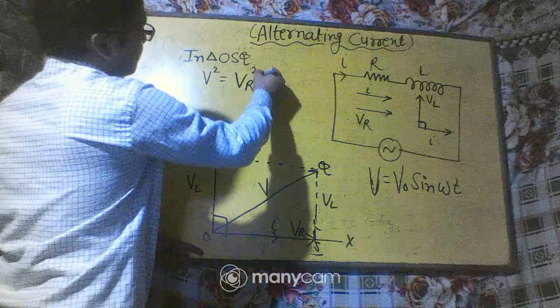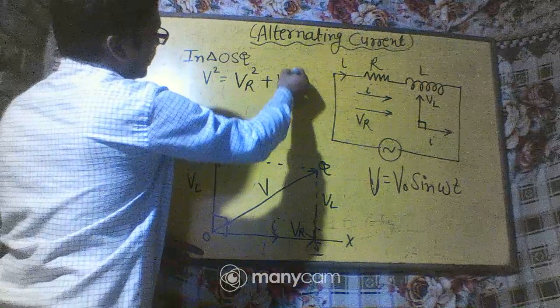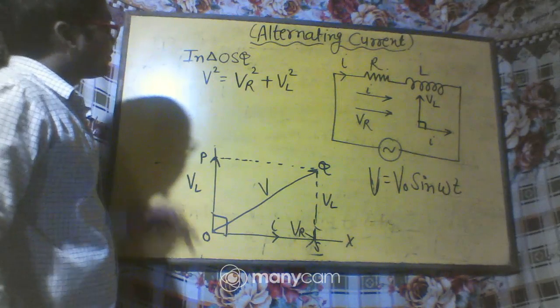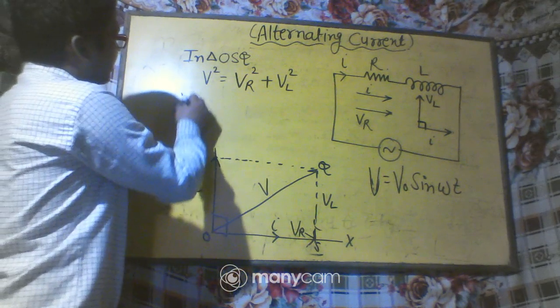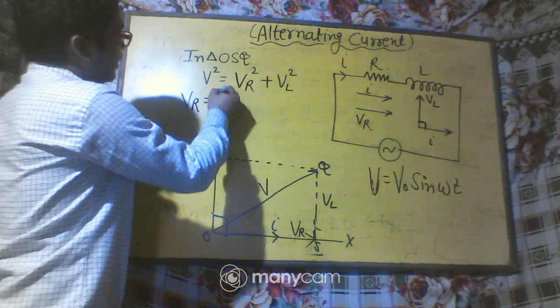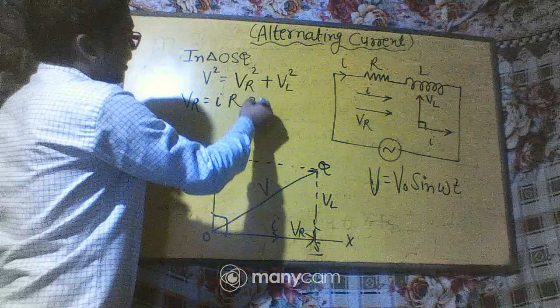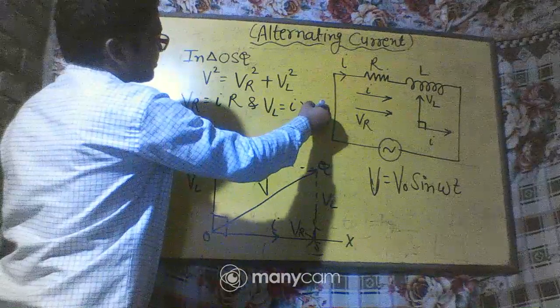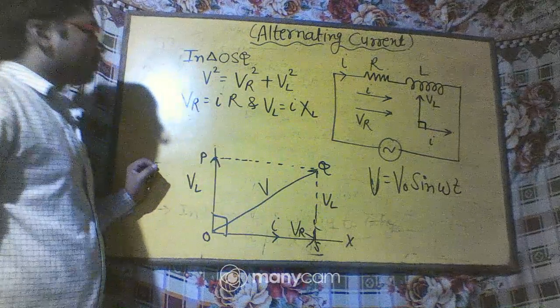So you can write VR square plus VL square. Now since VR is equal to I into R and VL is equal to I into XL.